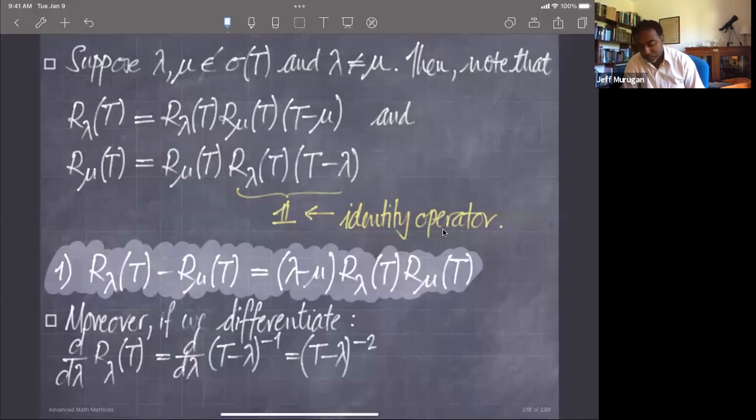And the minus sign is accounted for by the minus sign in front of the lambda, which is just 2 actions of the resolvent.